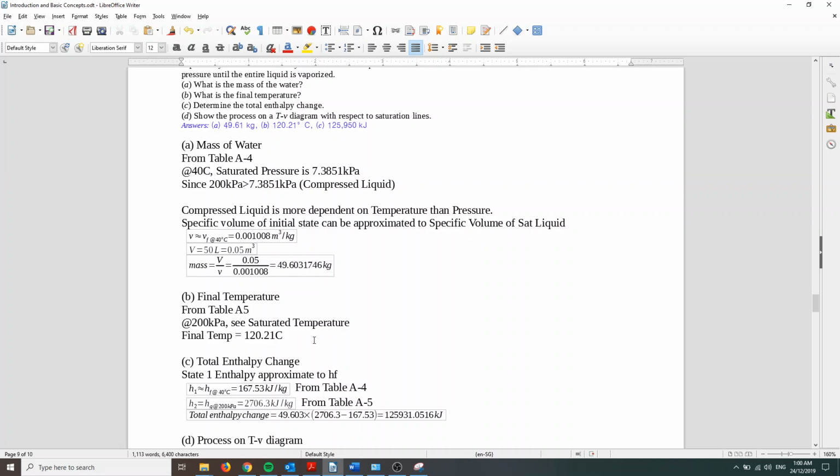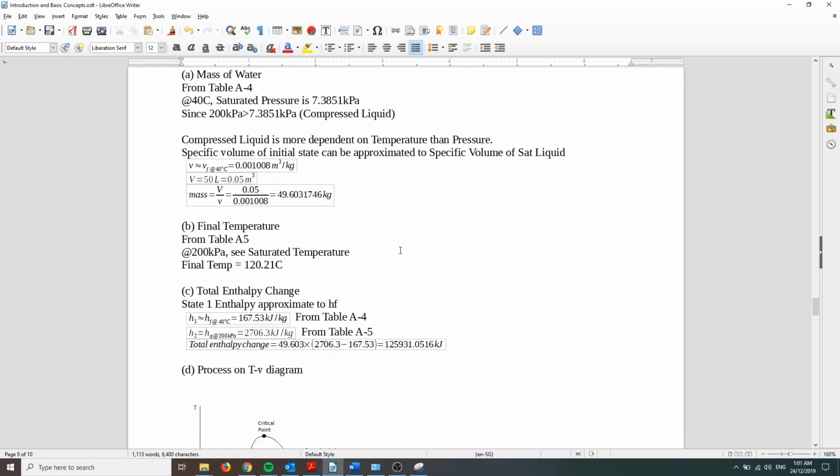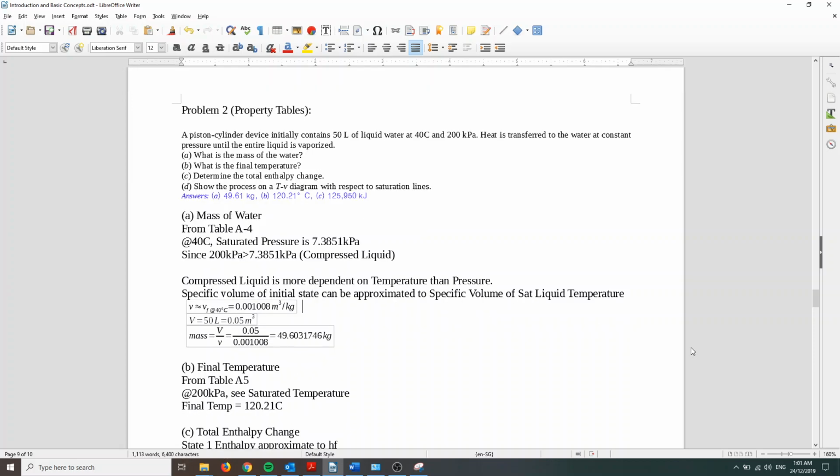Okay, the next is the total enthalpy change. Enthalpy at state 1 is basically the enthalpy approximated at the saturated fluid at 40 degrees Celsius, and we can see this from table A4. Like I said, this is an approximation at the saturated liquid temperature, because compressed liquid is more dependent on temperature than pressure.